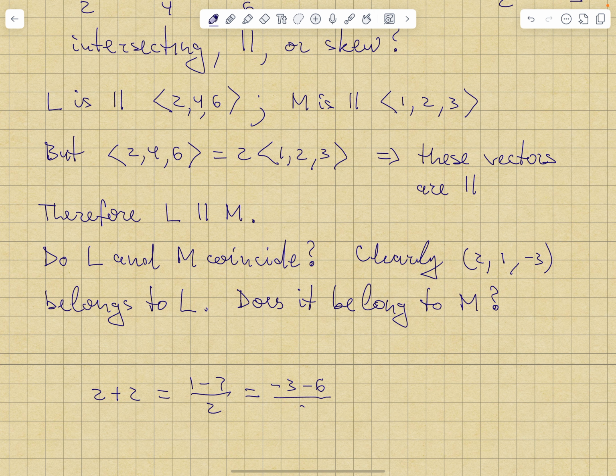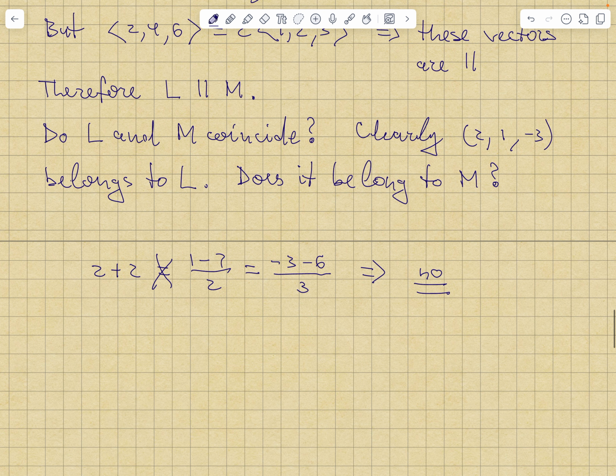And of course, clearly that is not true, right? Because 4 is not equal to minus 3. So this is not true, although the second equation is true. So therefore the answer is no. It does not belong to M. And that means that at least one point is not in common. That means that L and M are two distinct lines.